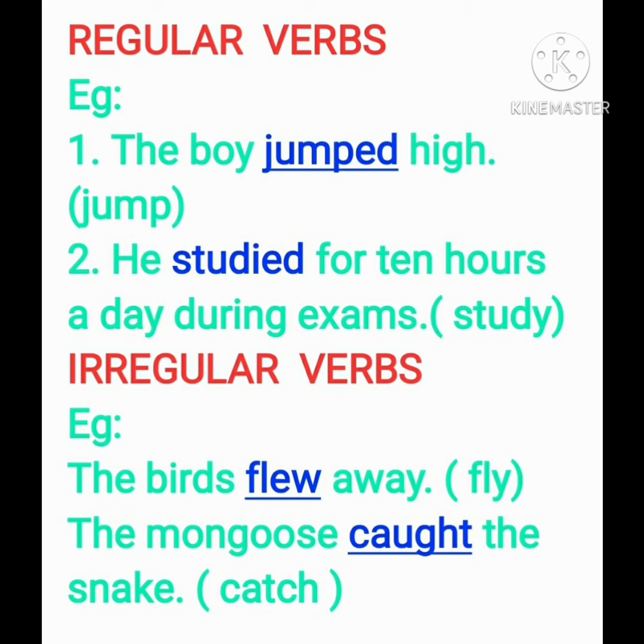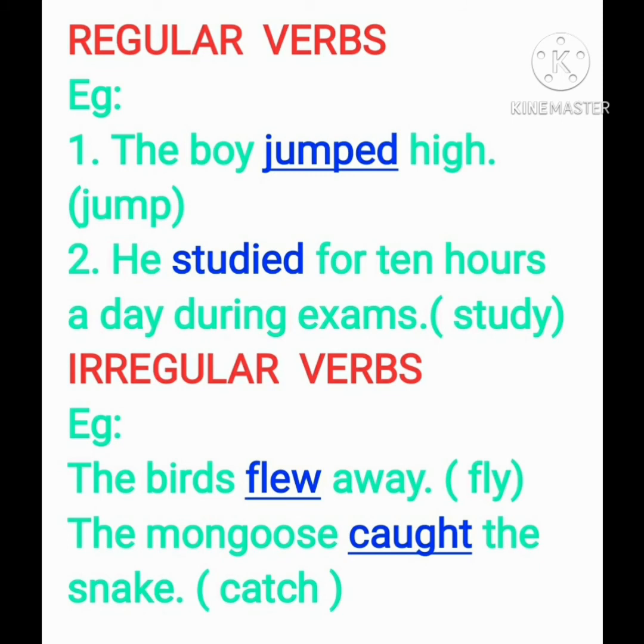But if the second last letter of a verb ending with y is a consonant, the y has to be replaced with i and ed will be added to the verb to take it to the simple past tense. Let's see the sentence. He studied 10 hours a day during exams.